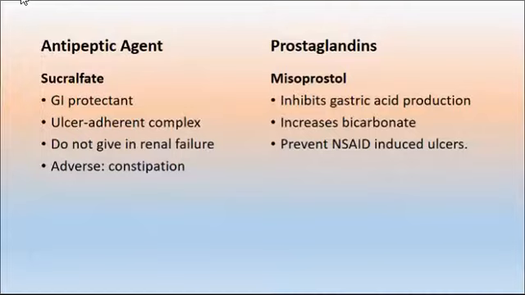The only GI protectant is sucralfate, which most people may know as Carafate. Sucralfate covers duodenal ulcers, prevents pepsin in the peptic ulcer, and allows that ulcer to heal. It is, as said, the only GI protectant.